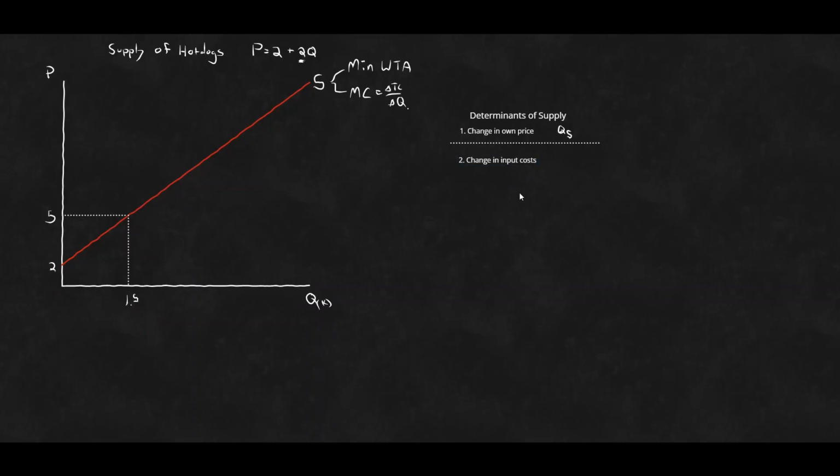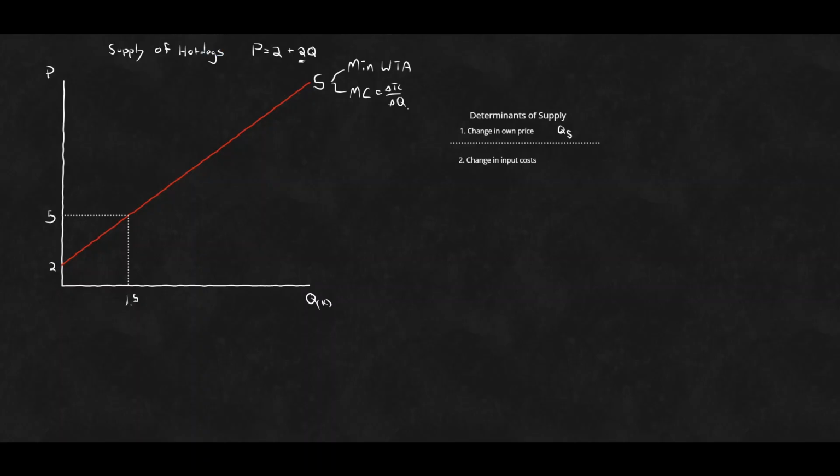Okay, so the first determinant of supply we're going to take a look at is this change in input costs. So the price of the inputs, all your intermediate goods into your production process. So again, if we're making hot dogs, maybe this is the price of energy that you need to power your machines.